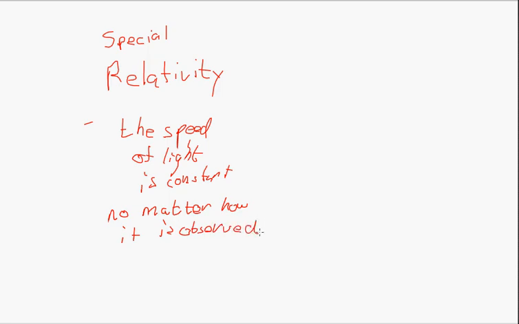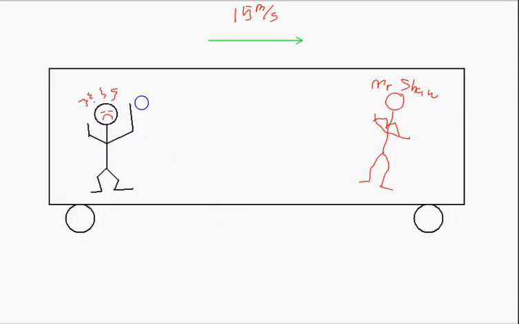Sorry about the terrible handwriting, I'm kind of in a hurry. So, the speed of light is constant no matter how it is observed. Very good. Okay, let's go back to the train.